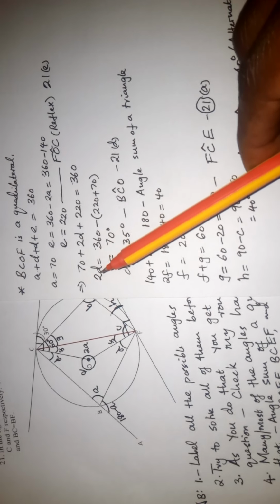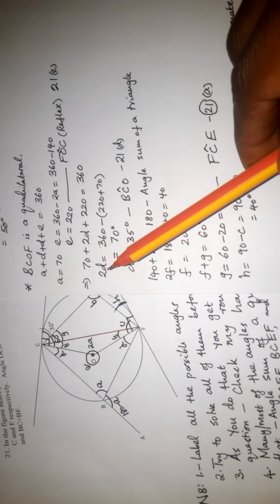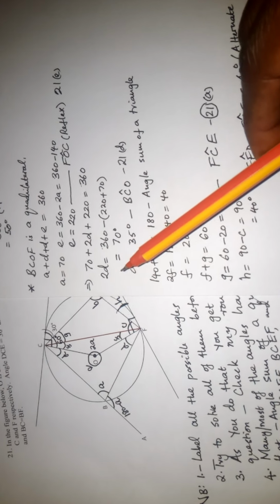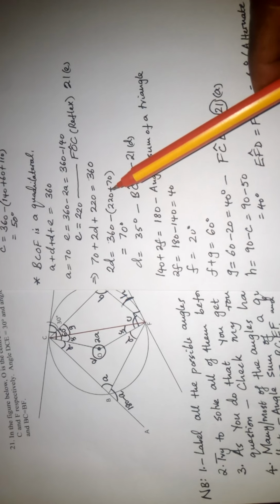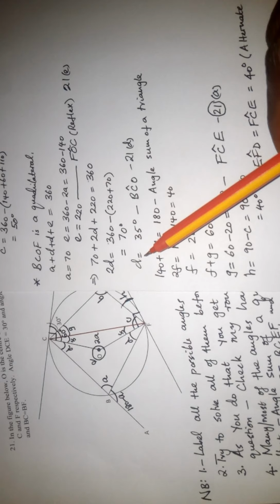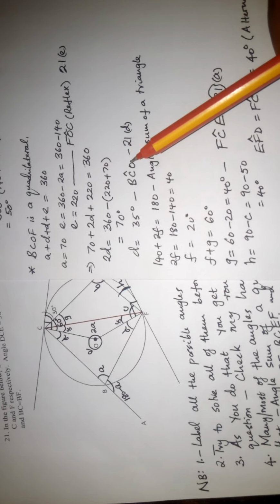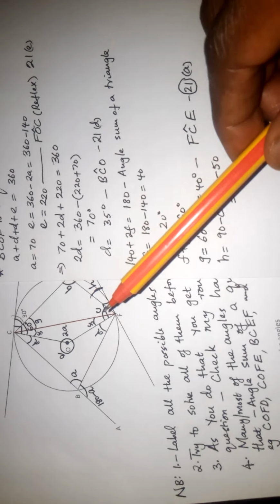Then we go to resolving D. We know 2D, because this angle and this angle are the same, is equal to 360 minus the whole of that, 220 plus 70, which gives us 70. So D is equal to 35, and that angle becomes BCO. Then we come to F. You can see where F is.